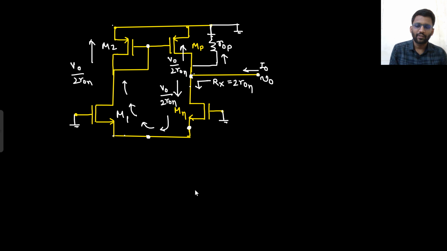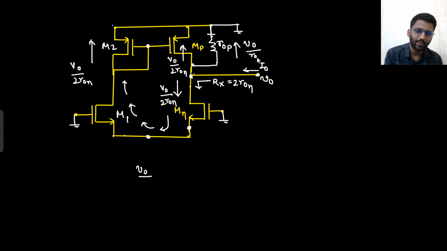So what is the matter of fact for us? We need to find V0 by I0. This is the target. So let's check. What is the current coming out of V0? Let's check if you agree with this point or not. Look, this node is V0. In the upward direction, in the R0P resistance, V0 by R0P current is flowing.